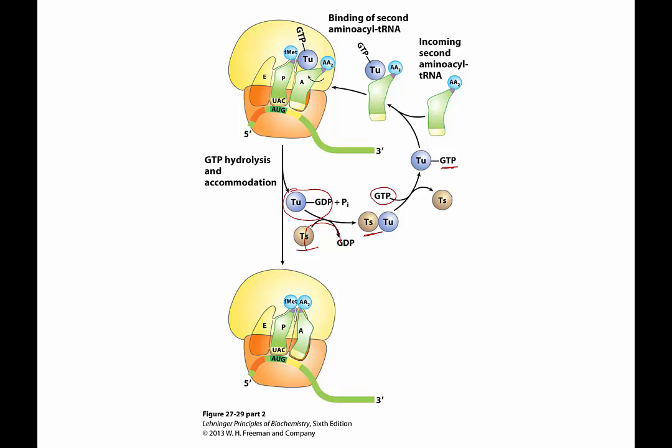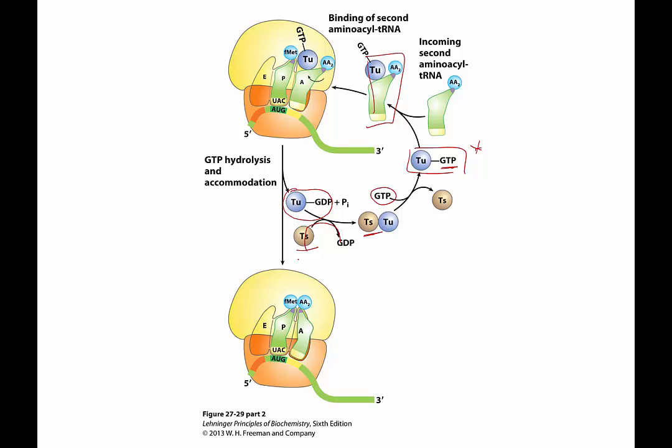The TU-TS cycle is really just a series of steps that allow for exchange of GDP with GTP. It's interesting that you need an entire elongation factor to accomplish that. I'm not sure why, but this second elongation factor is simply to allow for the exchange of GDP with GTP. Once that takes place, EF-Tu is charged again. This is the activated guy. It can then bind to our incoming aminoacyl transfer RNA, giving us what we need for step 1.